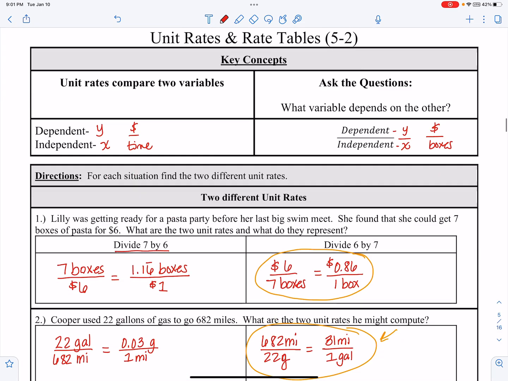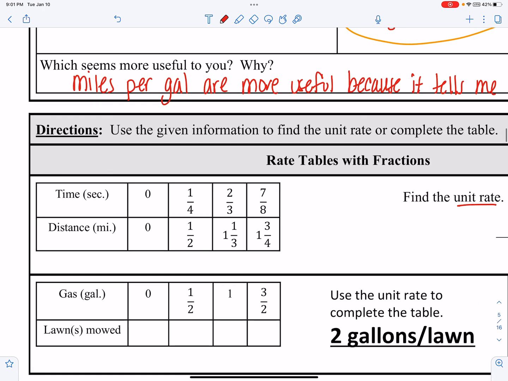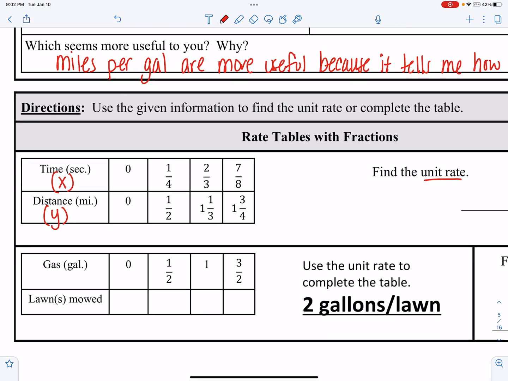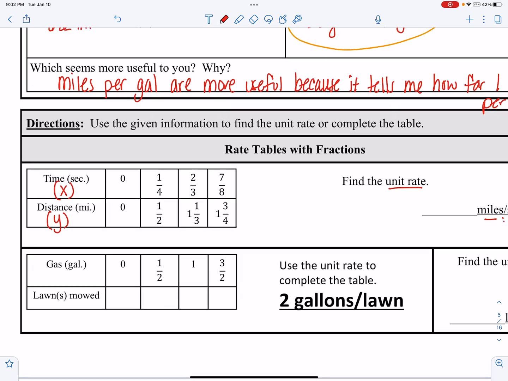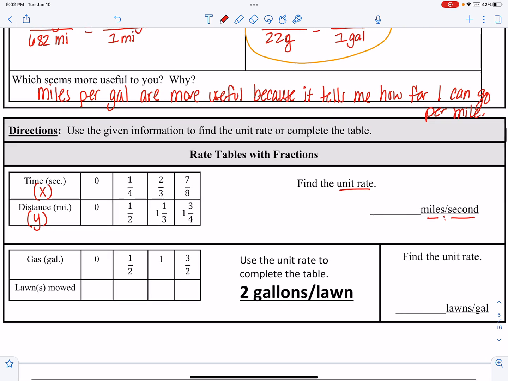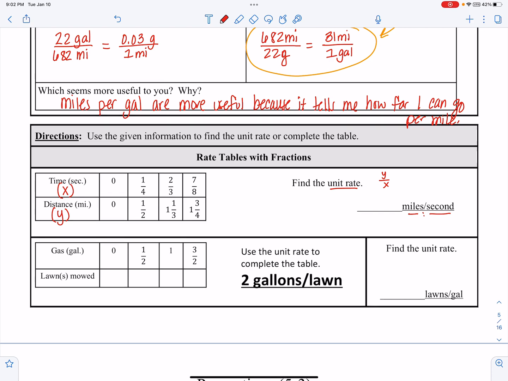They said miles per second, and so for this one, y is going to be our top, and x is going to be our bottom. Okay. And so it's reverse. You just have to be aware of that. You may even want to write that over here somewhere. Y over x is the order that we need to do this particular table.